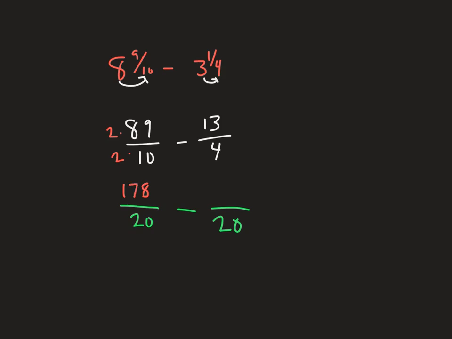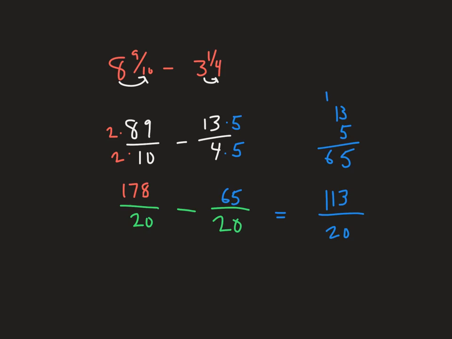All right, and then for the term on the right, the denominator was 4, it needs to become 20, so times 5. 13 times 5, 15, carry the 1, 65. Okay, now we are able to just go ahead and do the subtraction. We're going to keep 20 on the bottom, and we will be left with 113 up top.